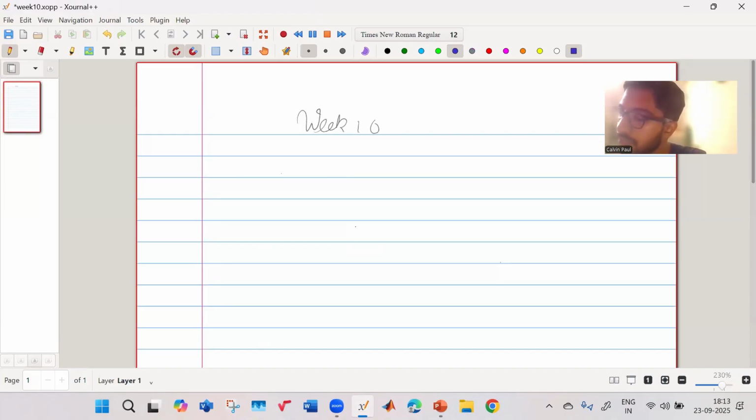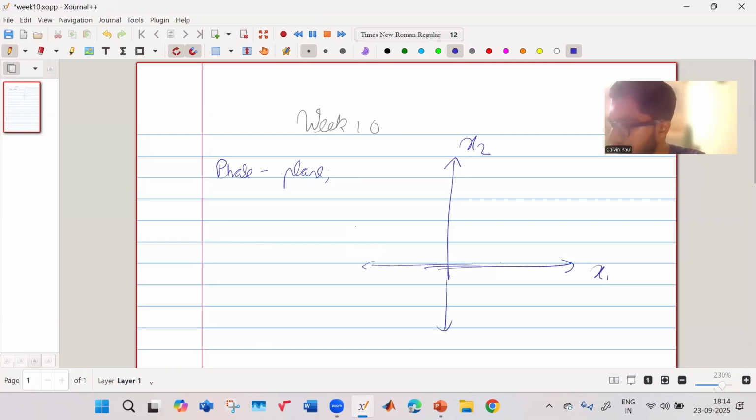So, we have discussed what is the phase plane. If you remember, we have an x1 axis and x2 axis. These are your states, right? And we have seen different types of equilibrium points.